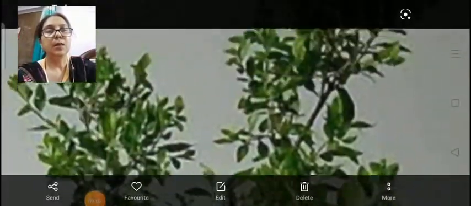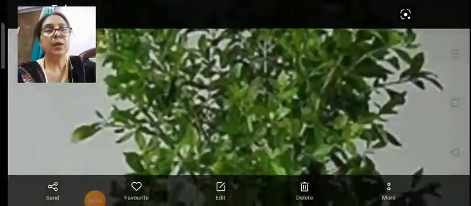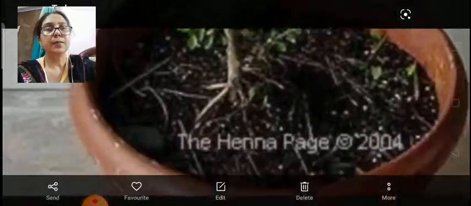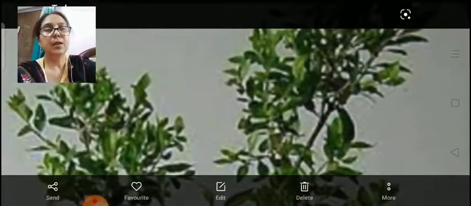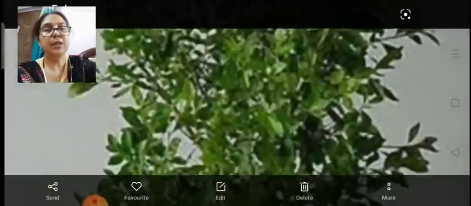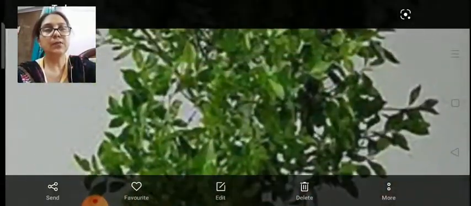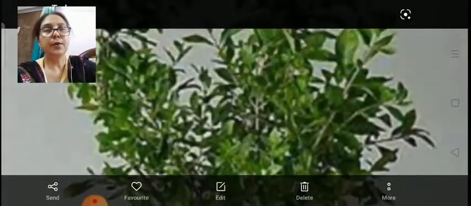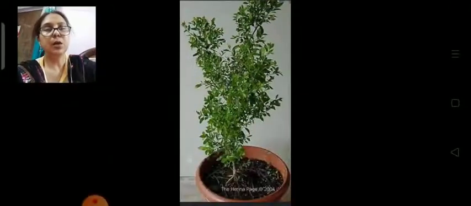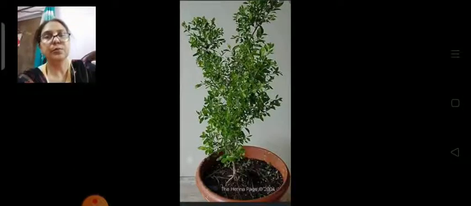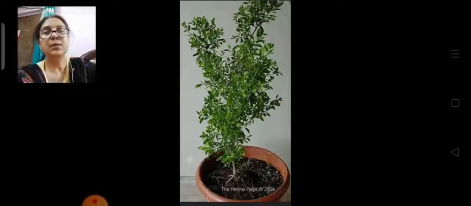Children, this is the plant of henna. It has very green and shiny leaves, and these leaves are very good for hair, and we use them to color our palms also. So children, this is the mehendi plant or henna plant.